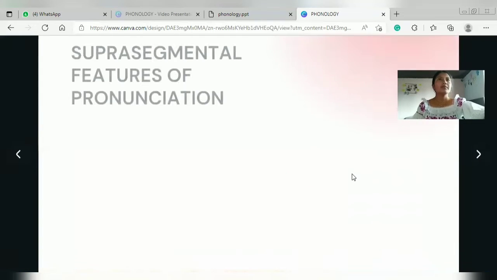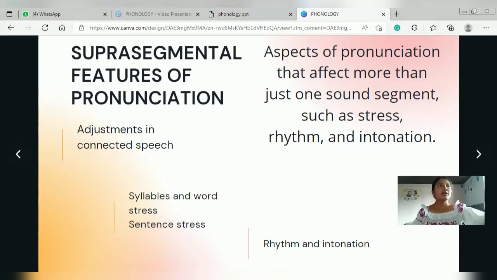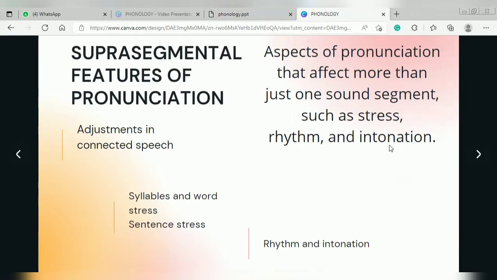So the next topic is suprasegmental features of pronunciation. These suprasegmentals are aspects of pronunciation that affect more than just one sound segment, such as stress, rhythm, and intonation.